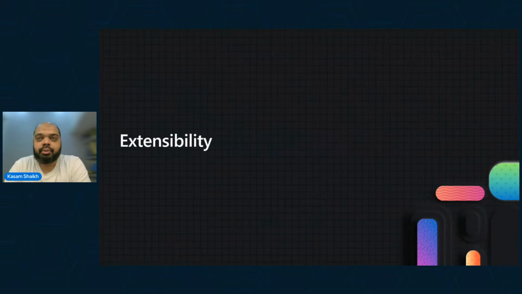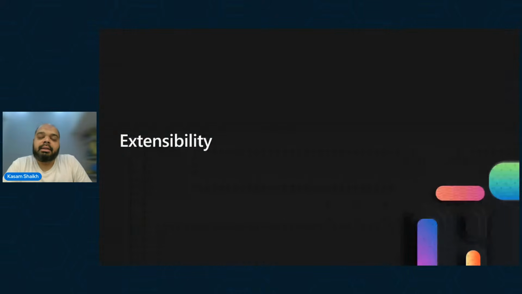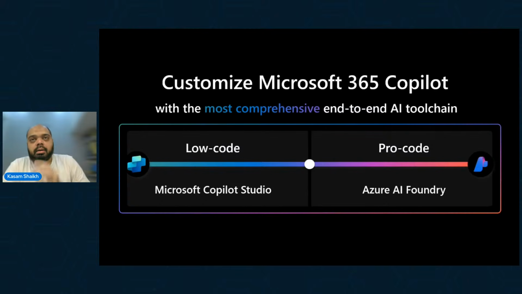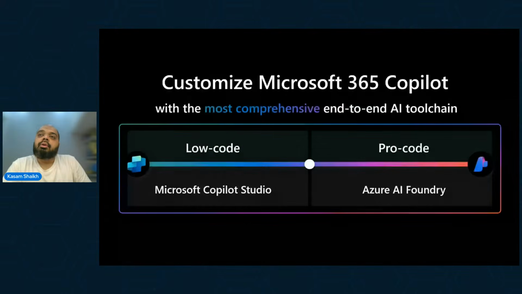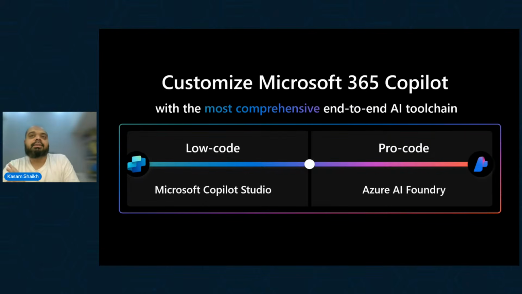I just mentioned a few. So now that we have explored the steps involved in building an agent, let's look at the extensibility story. We have talked a lot about using Copilot Studio for building agents, but it can also be used to customize your Microsoft 365 Copilot.